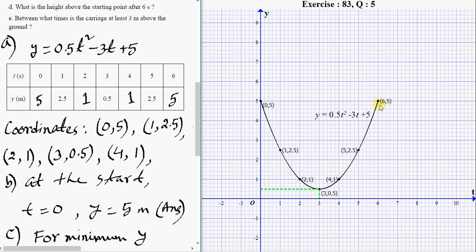So we have to find the difference between start and after 6 seconds, which is 0, because the height is 5 meter when the time is 0 and when time is 6 seconds the height is also 5 meter, so the difference between them is 0.